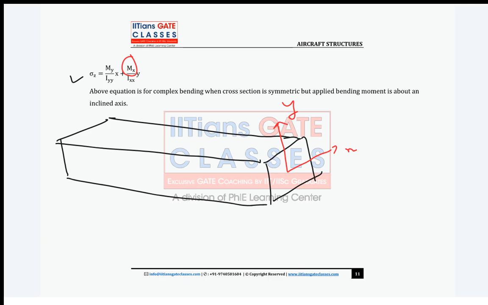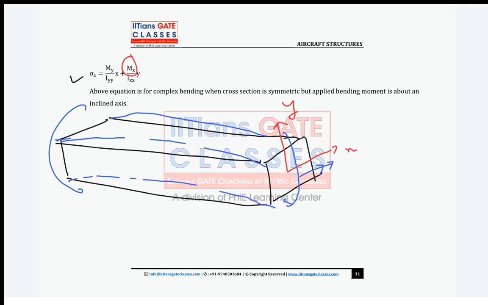If you see graphically, positive means here, then it will be applied like this. Are you guys able to understand? If you see the deformed shape, on top it will be tension, and the bottom will be compression. Yes or no? Is this clear?